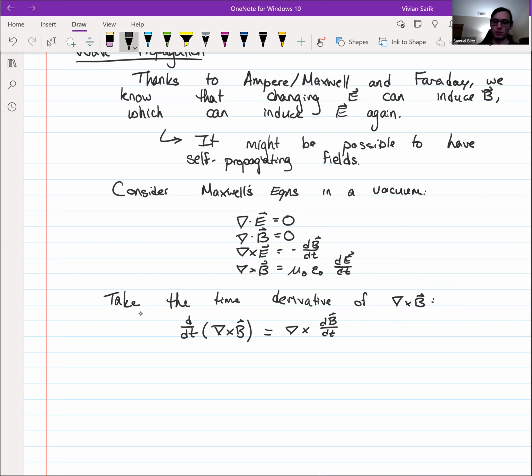Hold on, I need to make sure that I'm getting this right. Don't worry about that. We're just going to use Ampere's law. We know what the curl of B is. So that's mu naught epsilon naught times the time derivative of E. So this is just equal to mu naught times epsilon naught times 2 time derivatives of the electric field.